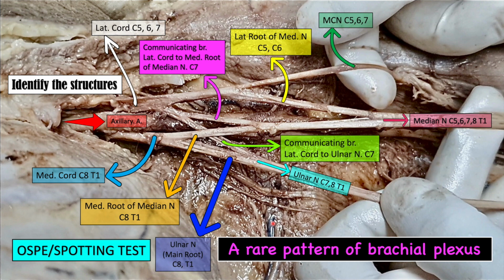It's rarely seen that the lateral cord provides a C7 component to the medial root of the median nerve. That's why it's an anomalous, rare pattern of the brachial plexus. Hope you've understood this.